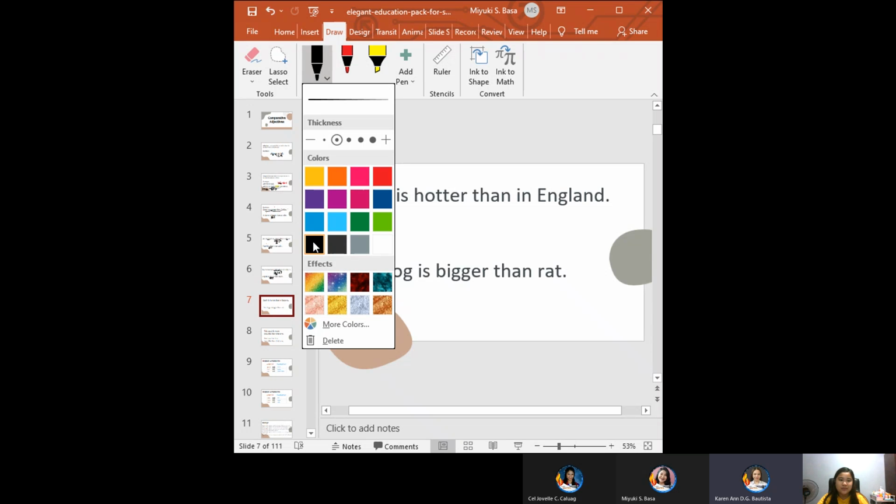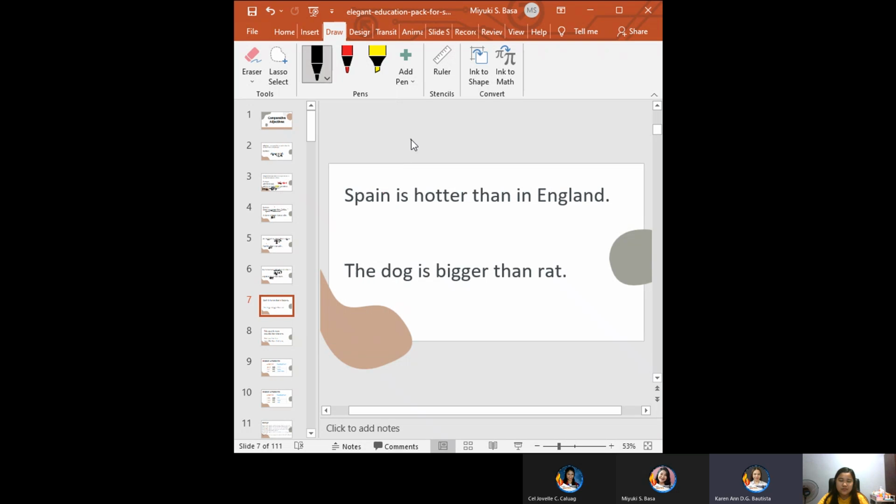The comparative adjective is the word hotter, and its base form is hot. Okay, that's right. The comparative adjective in the sentence is the word hotter and its base form is the word hot.